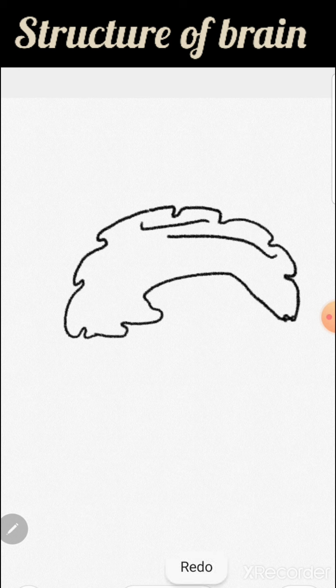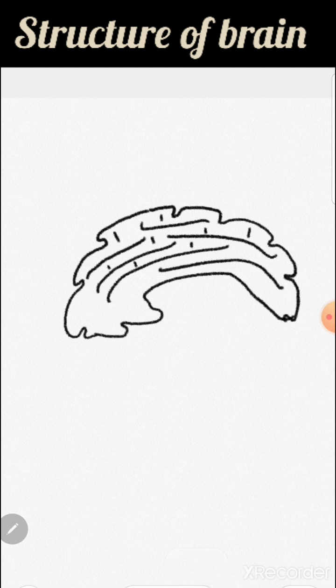Before we see the function of each part of the brain, let us draw the structure of the brain. The largest part of the human brain is known as the cerebrum, and in the cerebrum there are two hemispheres. These two hemispheres are joined with each other with the help of tough fibers and a nerve tract.